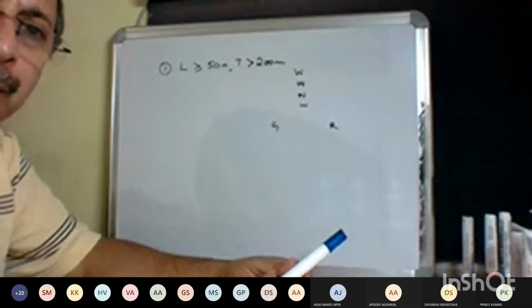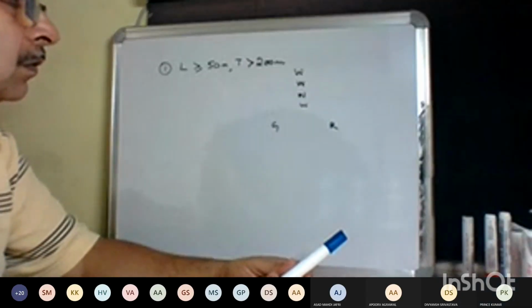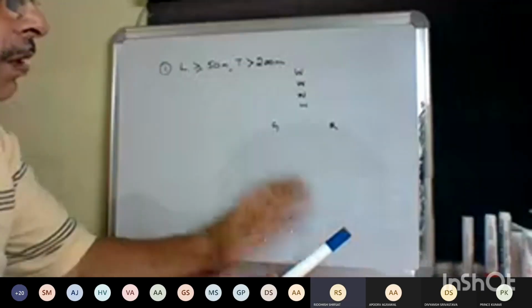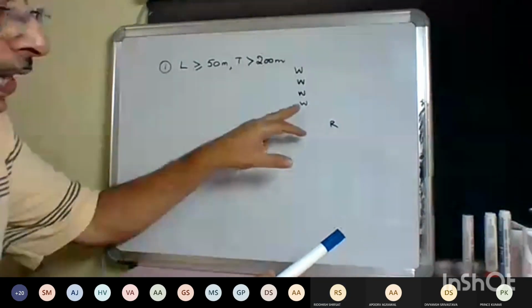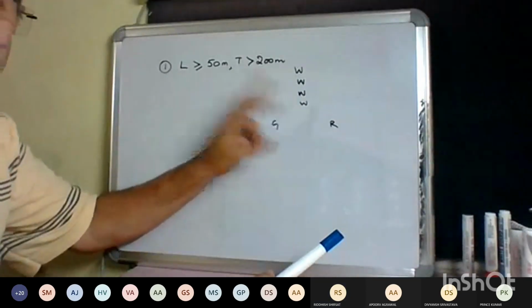The second masthead light है sir. There are 3 masthead lights on one mast, and the second masthead light is on the second mast.